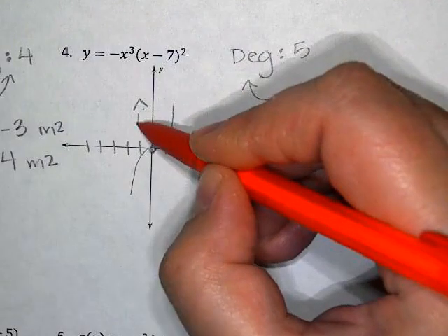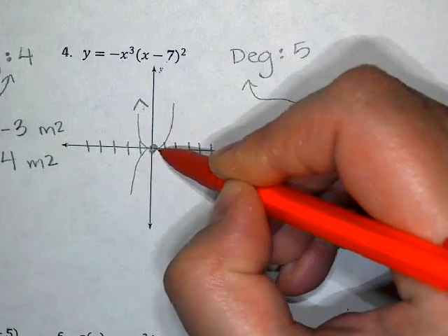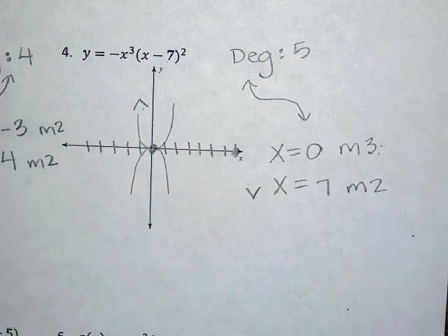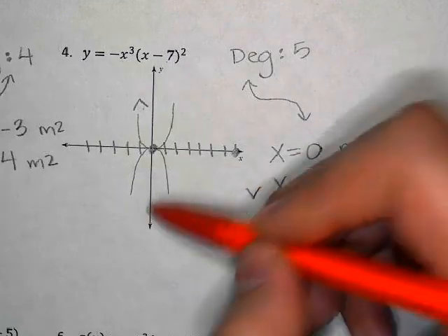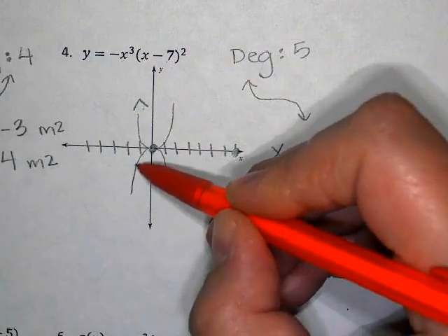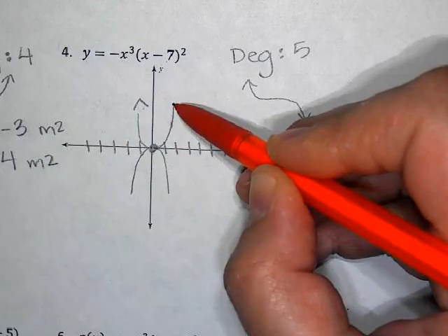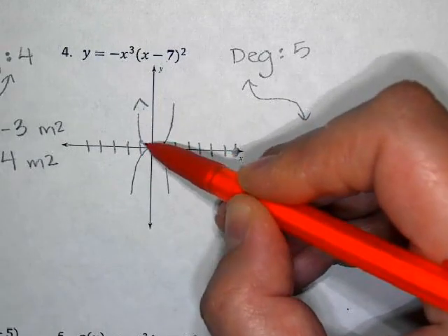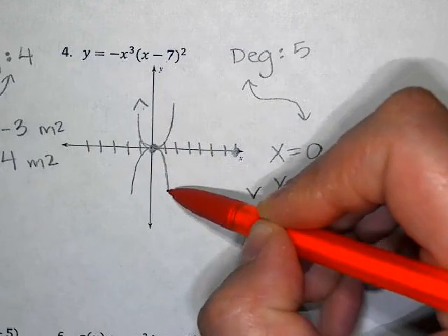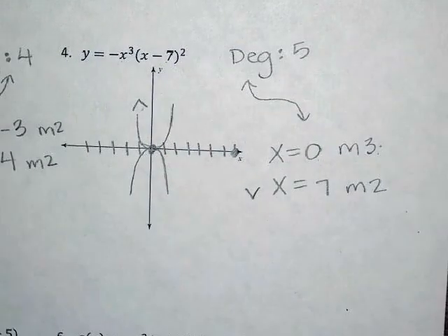First one or second one? The second one, okay? So down, level off, go down, okay?